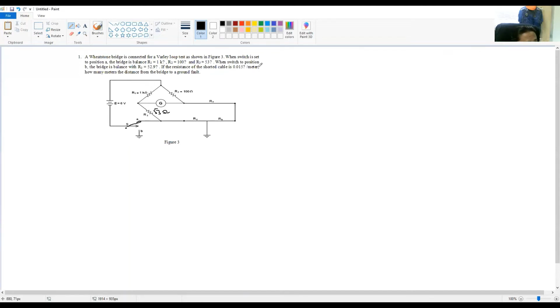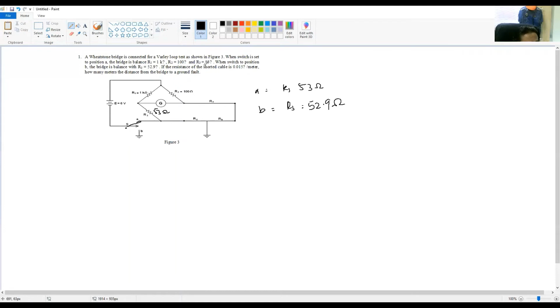When the switch is changed to position B, the bridge is balanced. For position A, R3 equals 53 ohms, and for B, R3 equals 92.9 ohms.